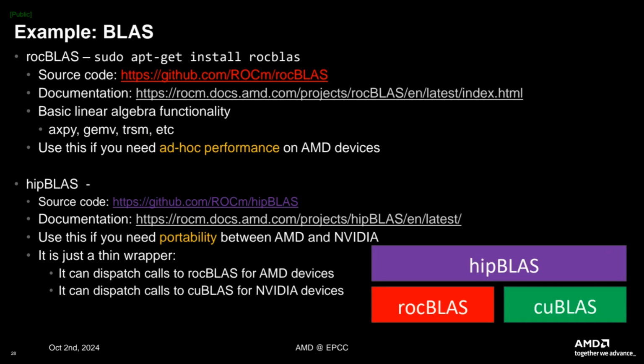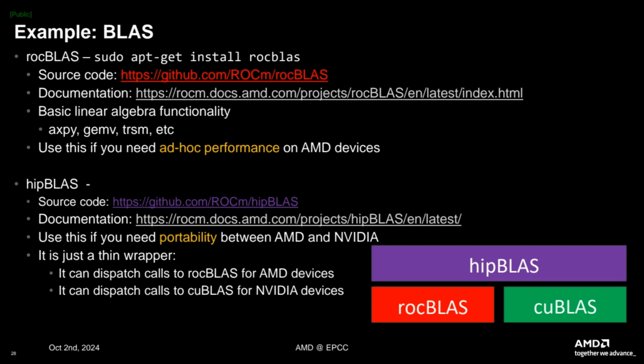If we take just BLAS as an example, rocBLAS can be installed with just apt-get install. And like most of our code, it's open source, so you can find the source code on GitHub under ROCm/rocBLAS, and this is where you'll find the documentation.